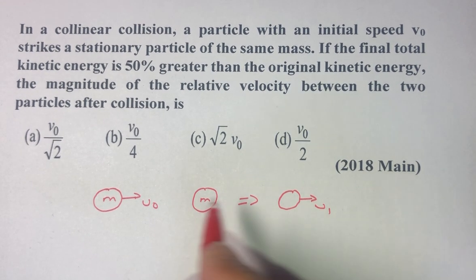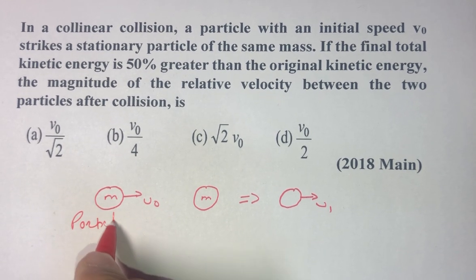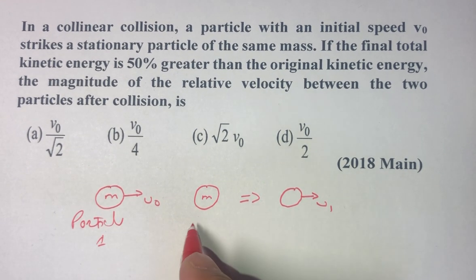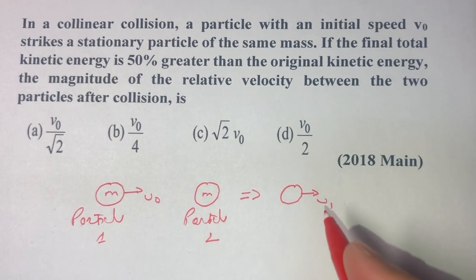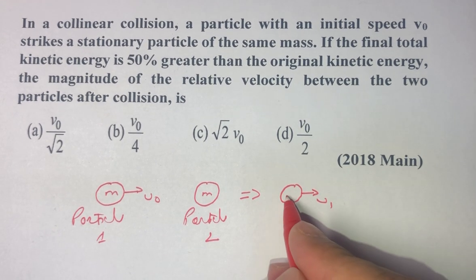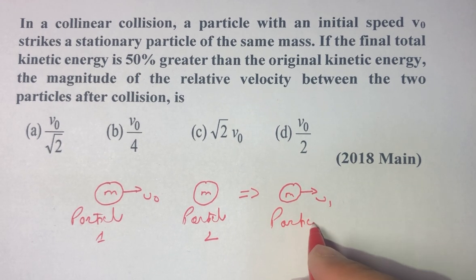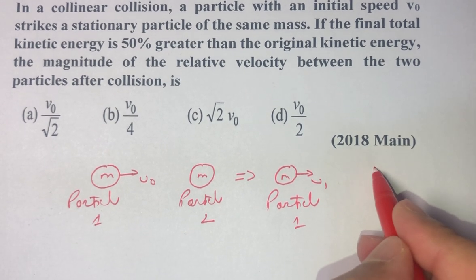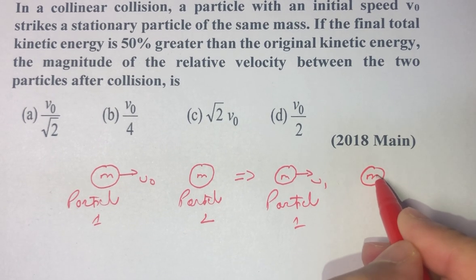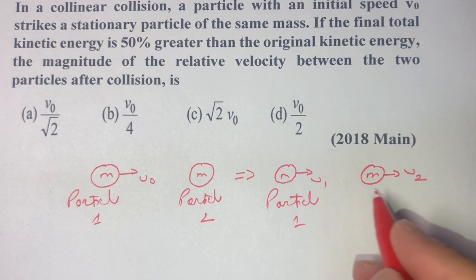Let us suppose this is particle 1, this is particle 2. So particle 1 is moving with the velocity v1 after collision, and particle 2 is moving with the velocity v2 after collision.